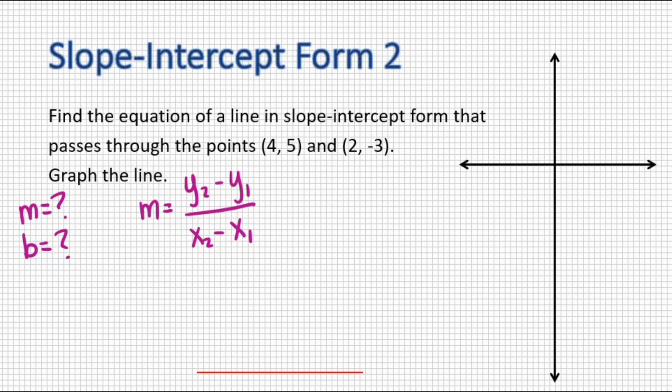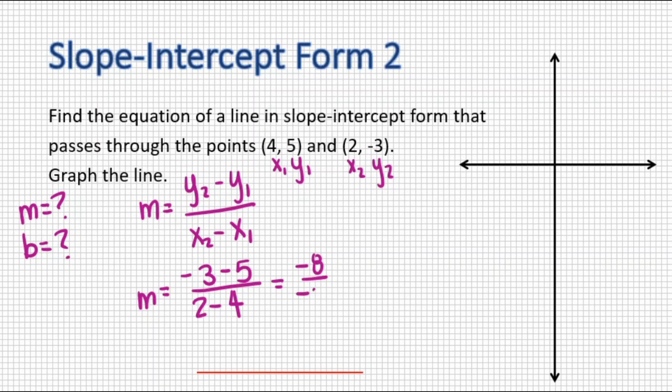I'm going to decide what everything is, x1, y1, x2, y2. Replacing the variables with the numbers, negative 3 minus 5 over 2 minus 4 equals negative 8 over negative 2, which equals a positive 4 slope.